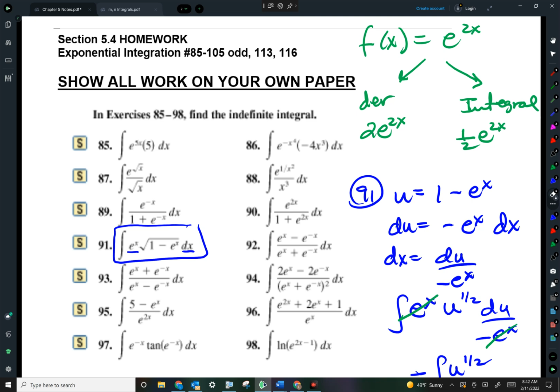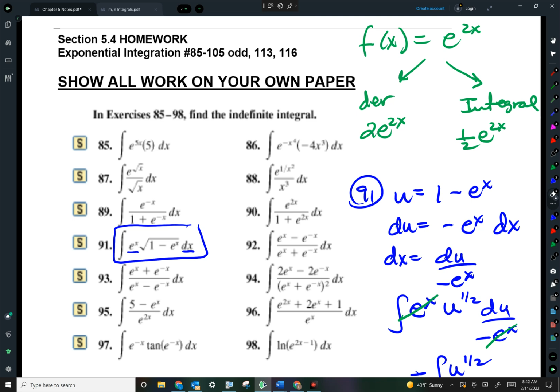And I have a negative 1, and the reciprocal of negative 1 is still negative 1. So that's just going to turn out to be that. If this were multiple choice, I think they would probably write it as 5 over negative 2 e to the 2x plus 1 over e to the x.